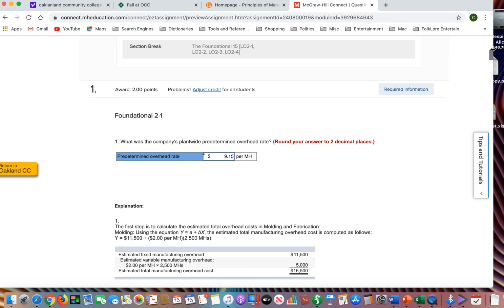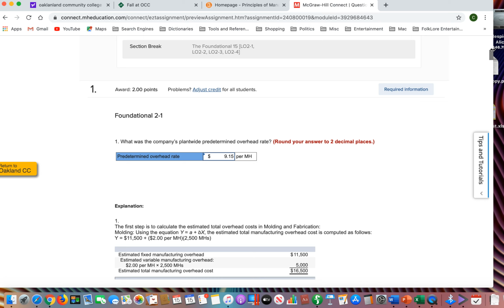So what's the cost of goods sold? Think about it. It's the sum of those two. Just add those two together. $124,260, right? The cost of goods sold is the sum of the total manufacturing cost. Okay?